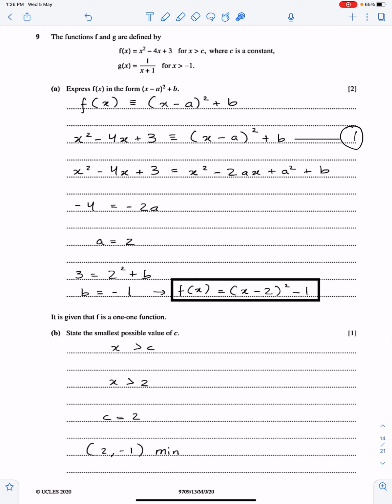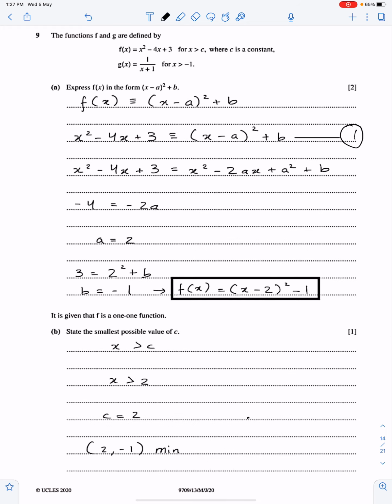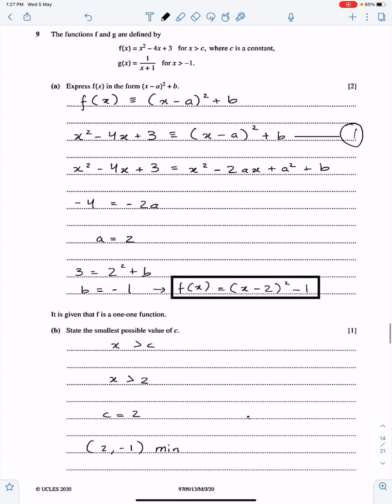It is given that f is a 1-1 function. 1-1 function means f has an inverse. So according to this domain, see, this is the domain of function f.